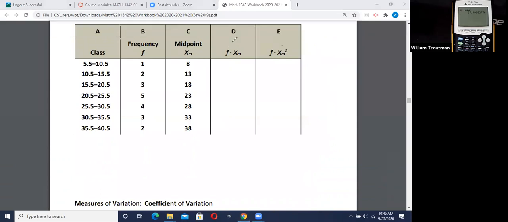This is frequency times the midpoint. So you multiply those together. 3 times 18 is 54, and so on. Then you take this one and square it. 1 times 64 is 64. 2 times 13 squared: 13 squared is 169, and 2 times 169 is who knows what.